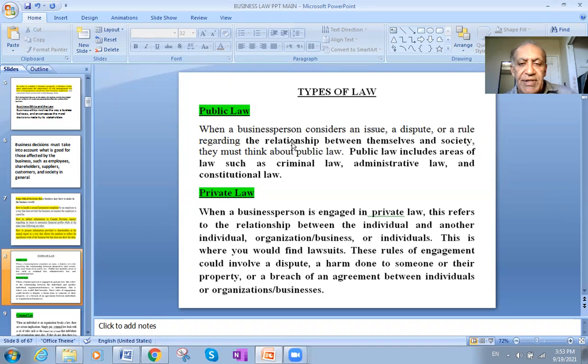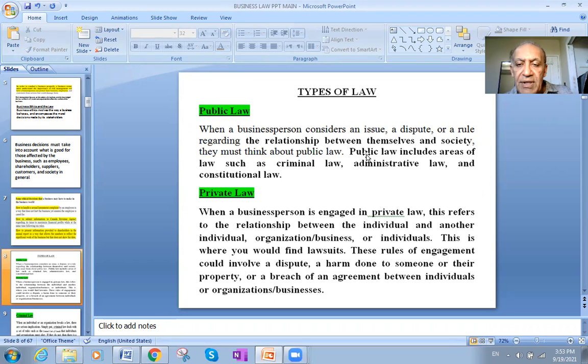When a business considers an issue, a dispute, or a rule regarding the relationship between themselves and the society, the business and the society, or the person and the society, they must think about public law.